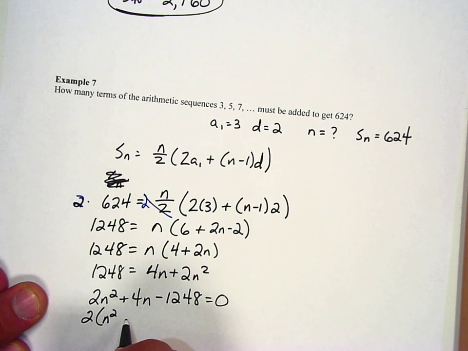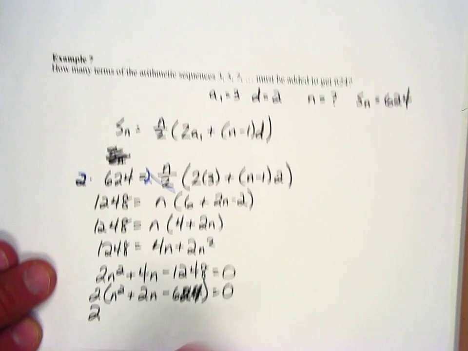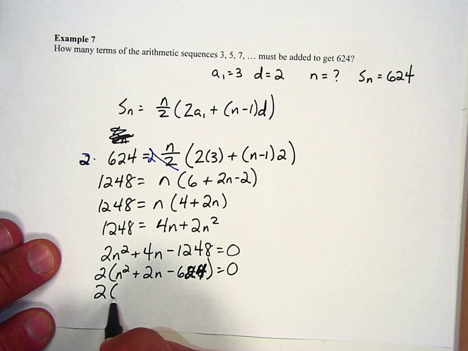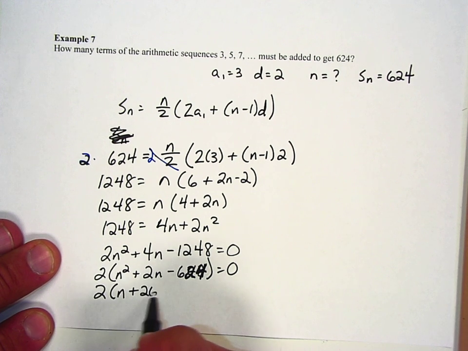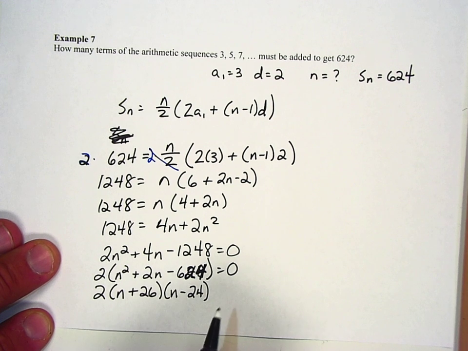Factor out the 2. That's n squared plus 2n minus 624. Now I need to factor. Okay? Two numbers that multiply together give me this, and add together give me this. It's going to be n plus 26, n minus 24.